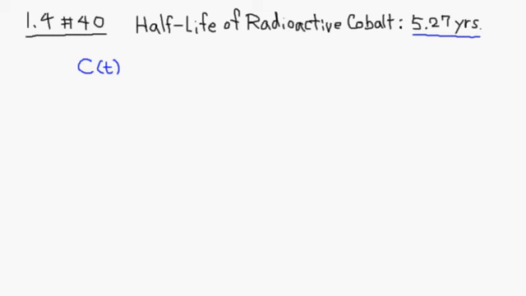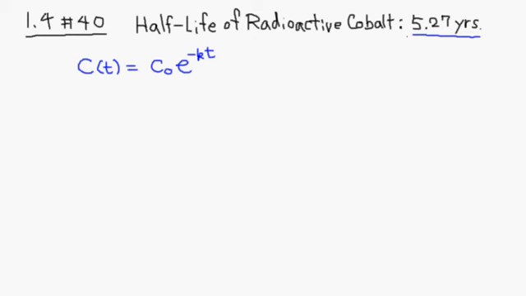Then you have the initial amount, which I'm going to call C sub 0, times e to the negative kt, since it's decaying, so we have a negative exponent. This is the exponential function for the amount of radioactive cobalt after t years.